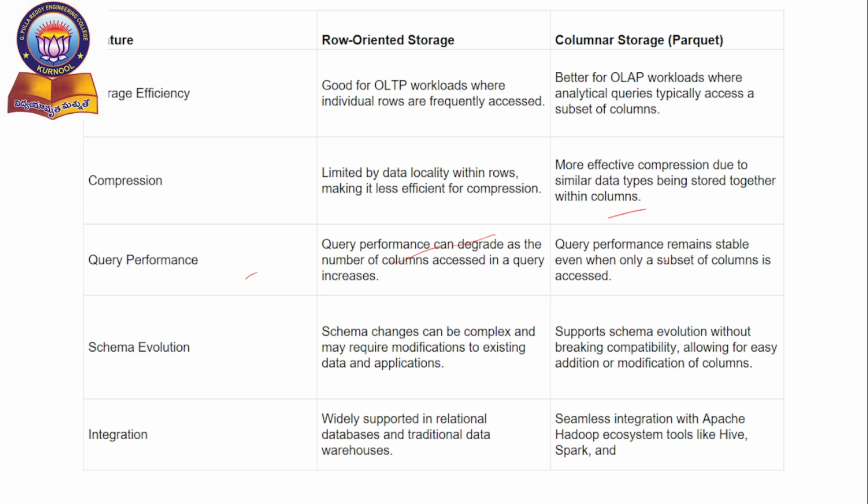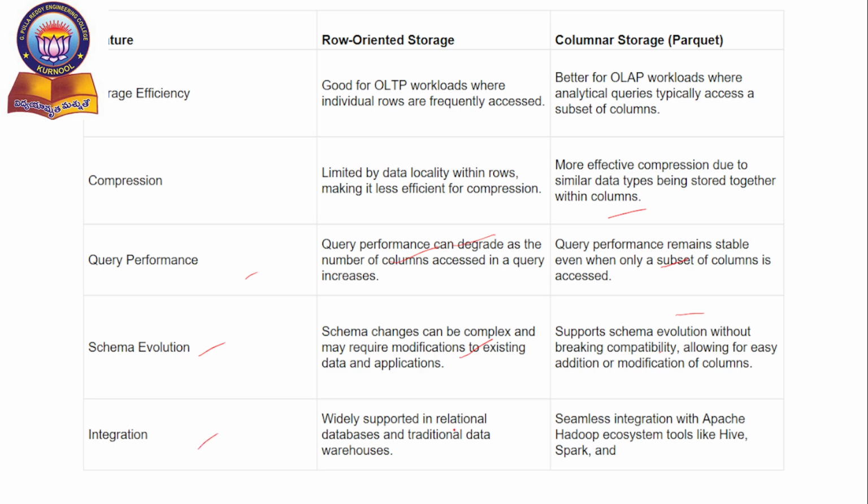Whereas in column storage, query performance remains stable even when only a subset of columns is accessed. Schema evolution. Schema changes can be complex and may require modifications to existing data and applications. But column storage supports schema evolution without breaking compatibility, allowing for easy addition or modification of columns.